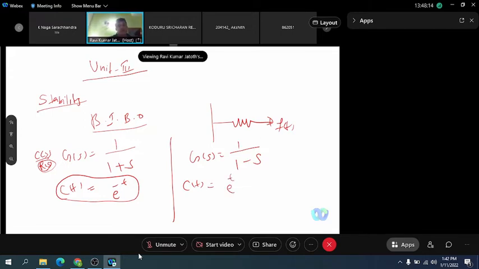Now, if you try to plot the response of this particular system, c of t versus t, when t tends to infinity, what happens here? In the e power minus t case and the e power t case: e power minus t approaches 0, and e power t approaches infinity.